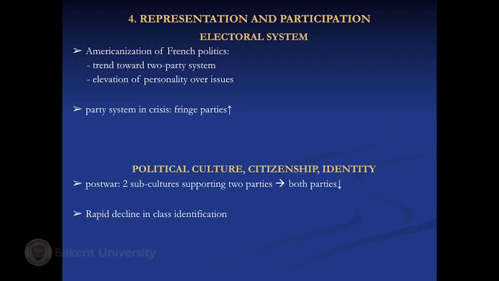There is Americanization of French politics in the sense that there has been a trend toward a two-party system. Remember that there were two large parties, but still, we do not have a two-party system. Let me tell you the running coalition now.